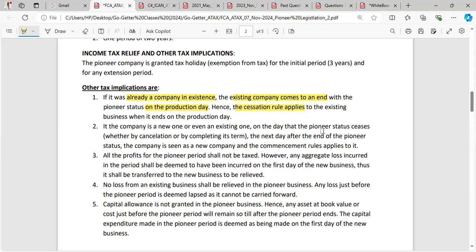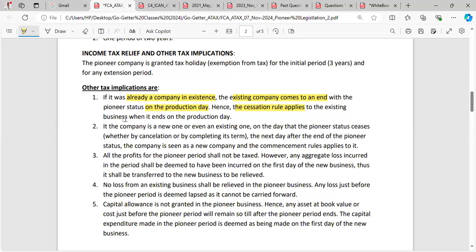So it means the company ceased in July, let's say July 1 or maybe July 30th. January of the next year is when it's going to file its cessation tax. So the cessation rule will be activated if the company is in existence.